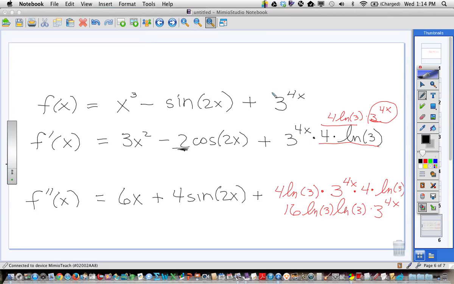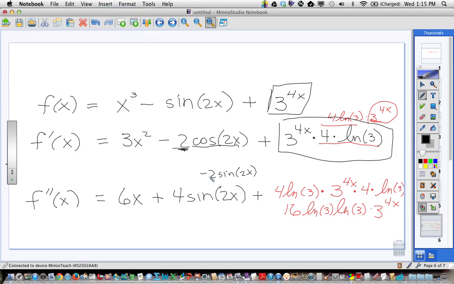Okay, here's f. We started with just this. And then its derivative was this. Now we're going to f double prime, so we need to do the derivative of this. Well, these two pieces are just numbers, and so they're just sitting there, like this 2 is just sitting there. We did the derivative of that, which would be negative 2 sine 2x.